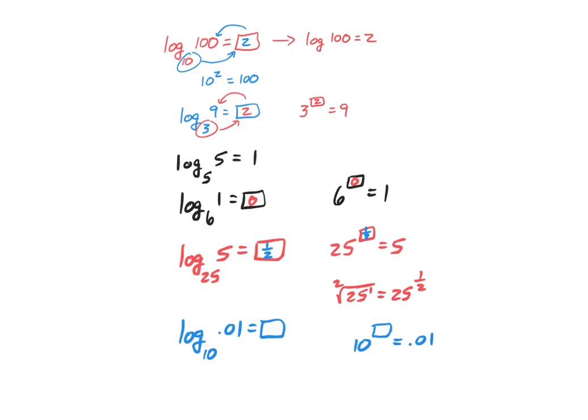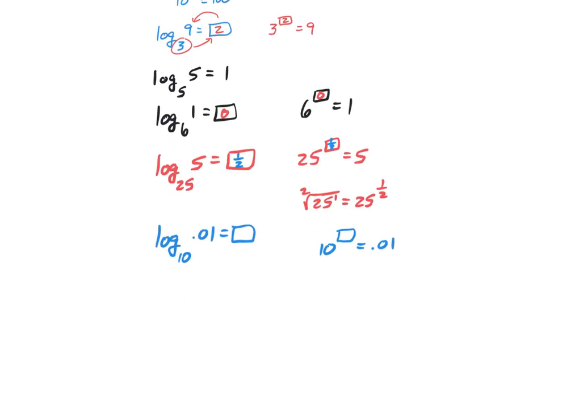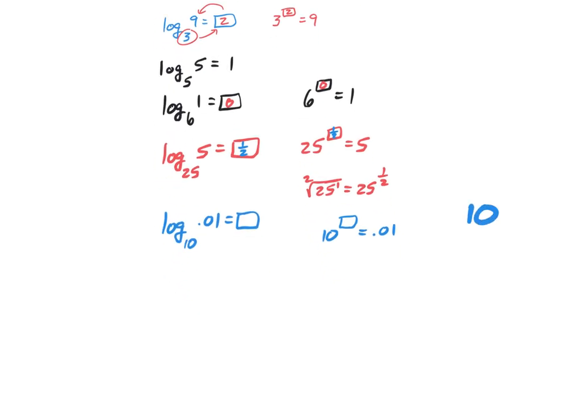But when I have 0.01 and I wanted to figure out what this exponent would really be, then what we would do is, if I do 10 to the negative 1 power, based on what we talked about yesterday, that would be 1 over 10, which is 0.1.